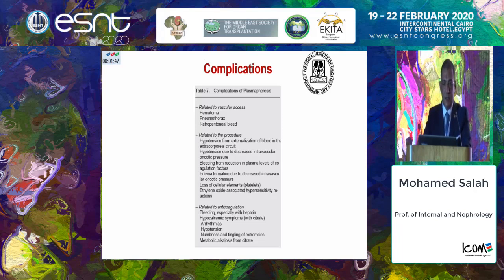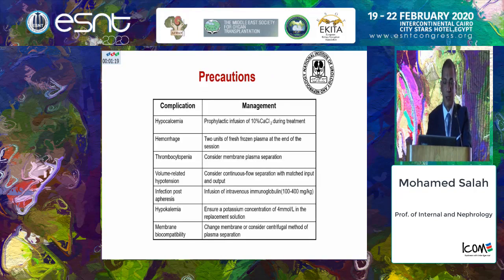The complications of plasmapheresis: some are related to vascular access, such as hematoma; related to the procedure, hypotension, bleeding, or edema formation due to decreased intravascular oncotic pressure, loss of cellular elements, and ethylene oxide associated hypersensitivity; and related to anticoagulation, bleeding, hypocalcemic symptoms, hypotension, arrhythmia, etc. Precautions for hypocalcemia: prophylactic infusion of 10% calcium.